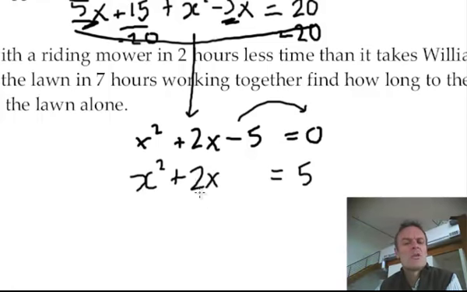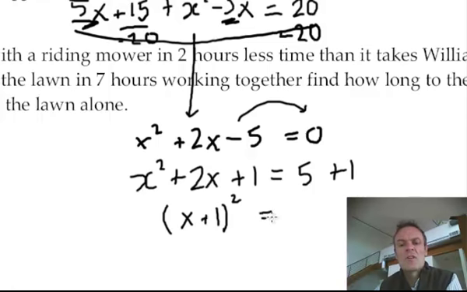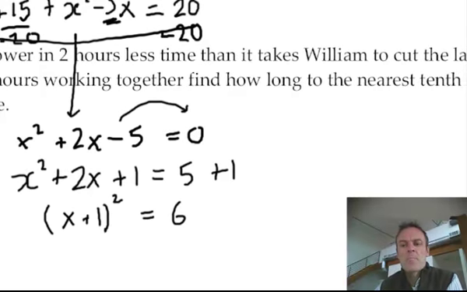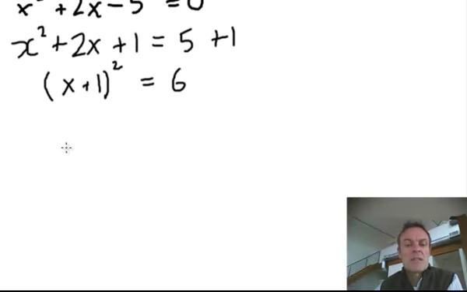If you want to do the quadratic equation formula, you go ahead. What's half of 2? That's 1. What's 1 squared? It's 1. So I'm going to add a 1 to both sides. I need to add a 1 to the right to balance that. Now remember, if I'm completing the square, what this means as a single parenthesis squared is x plus 1. On this side, I have 6. Square root both sides.